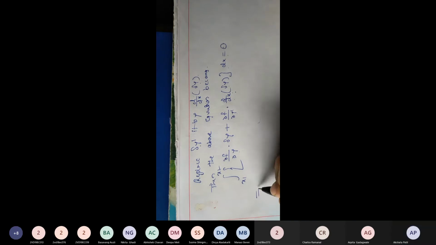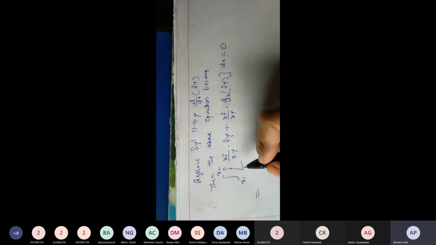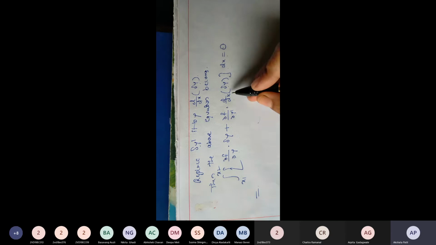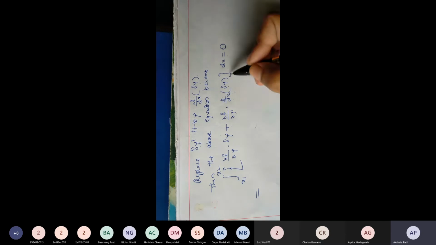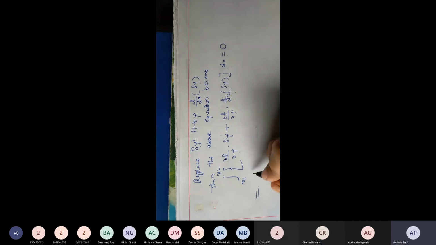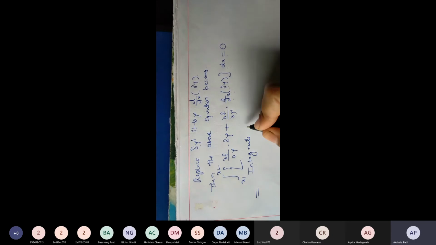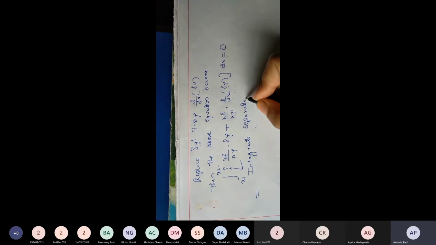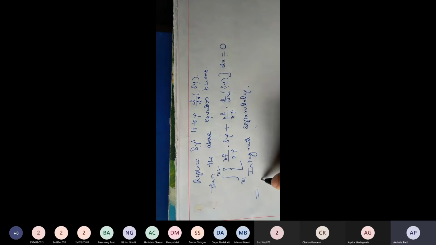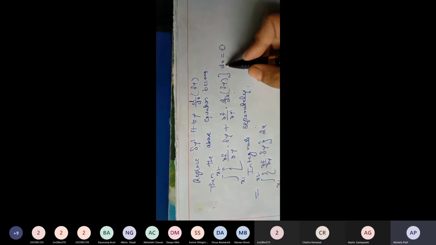Integrate separately. This integration we have to use separately for these two terms. This is the first term and this is the second term. So let us take separately integration over x1 to x2. First we can write dou f by dou y into delta y into dx.